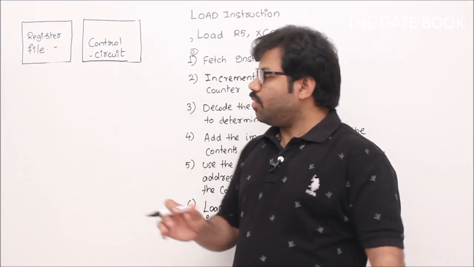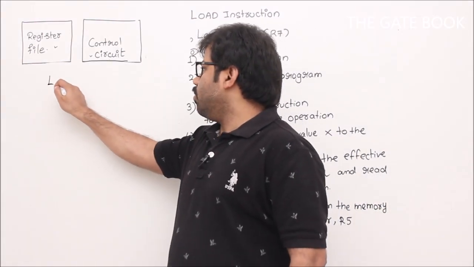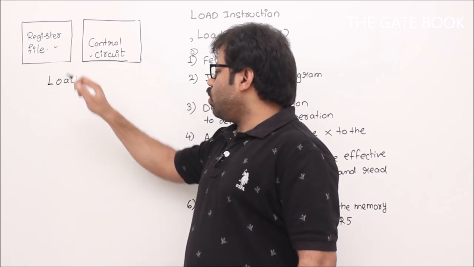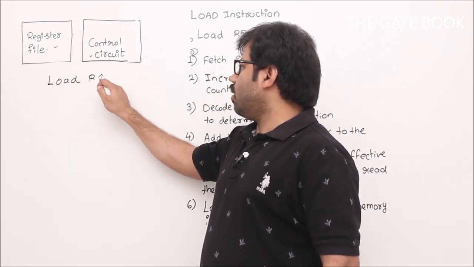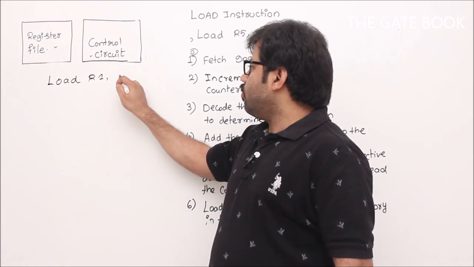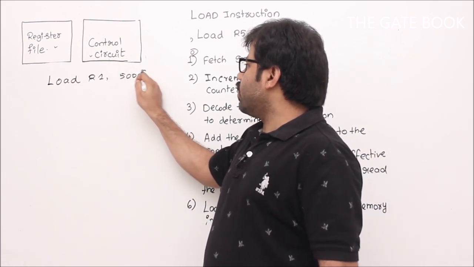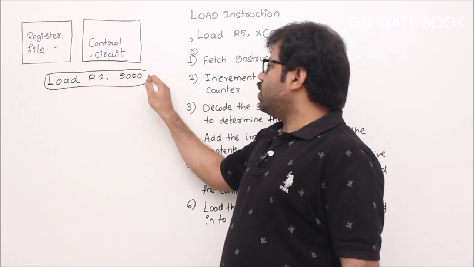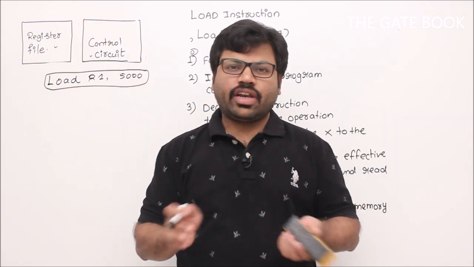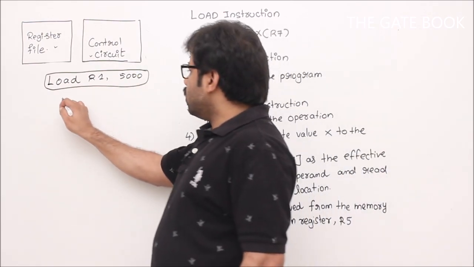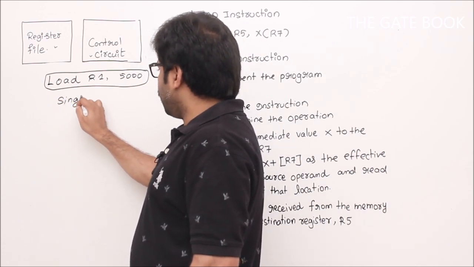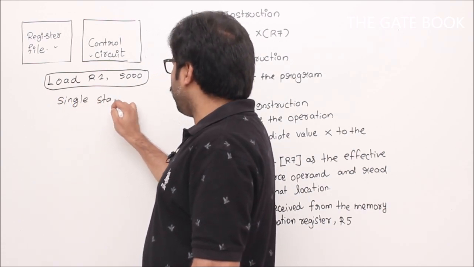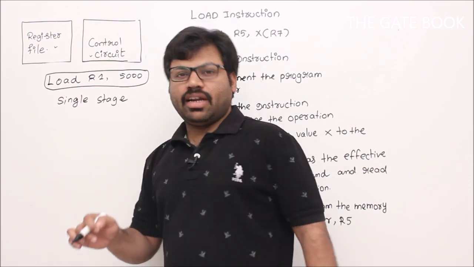Now we'll see one example and talk about the machinery's properties. Example, you have an instruction load R1 comma 5000. To execute it, we can design the circuitry in two ways, single stage or multi-stage. Let us talk about the pros and cons of single stage and multi-stage machines.